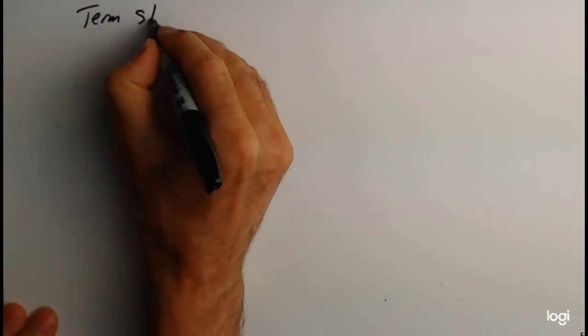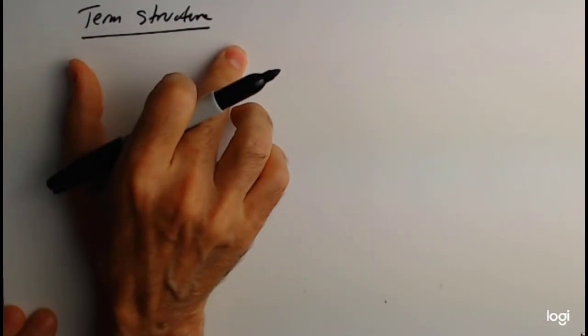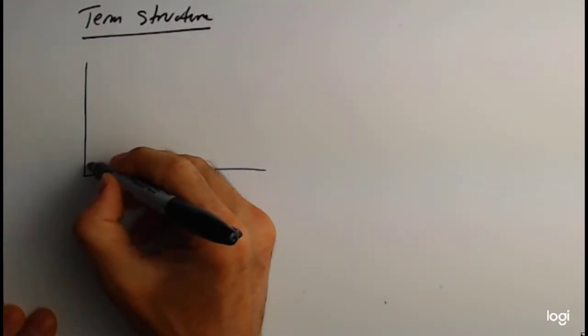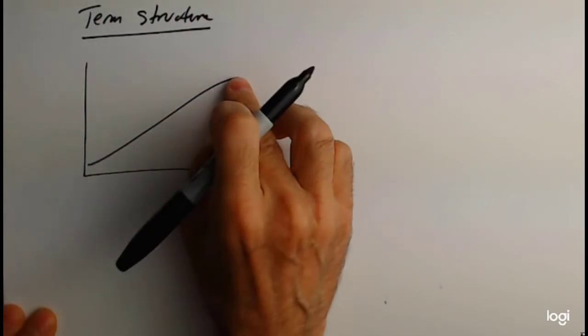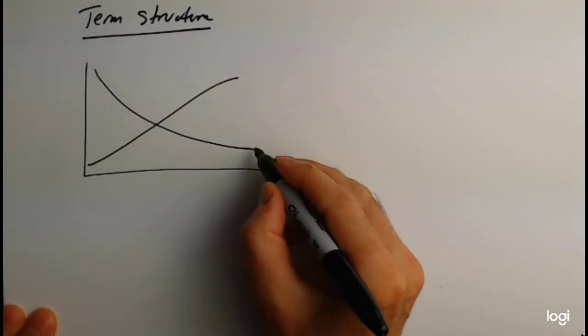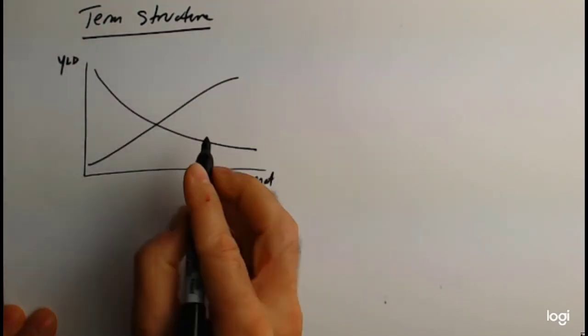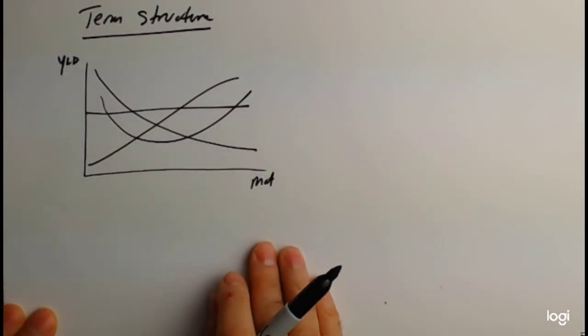So now let's move into term structure. As soon as you hear the word term structure, it's the term structure of interest rates. And what we're referring to is what describes the shape of the yield curve. Is it upward sloping? Is the yield curve downward sloping? Remember, this is maturity and this is yield on this axis. Is the yield curve flat? Does it have a U shape? What explains that?